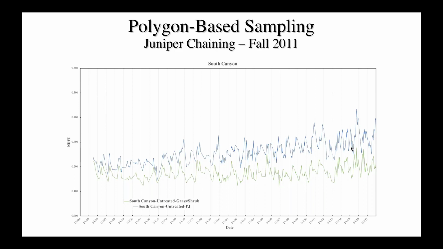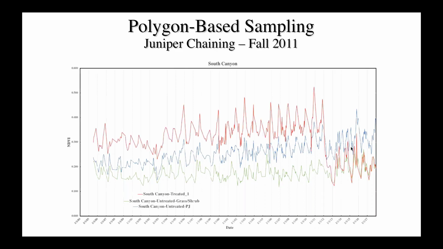And this is a denser juniper site just adjacent to both of these other sites that was chained at the end of 2011. And you can see that it's gone down, and the NDVI flux is basically matching the grass shrub curve, which is what they hope it will do. So you can use this to compare sites.